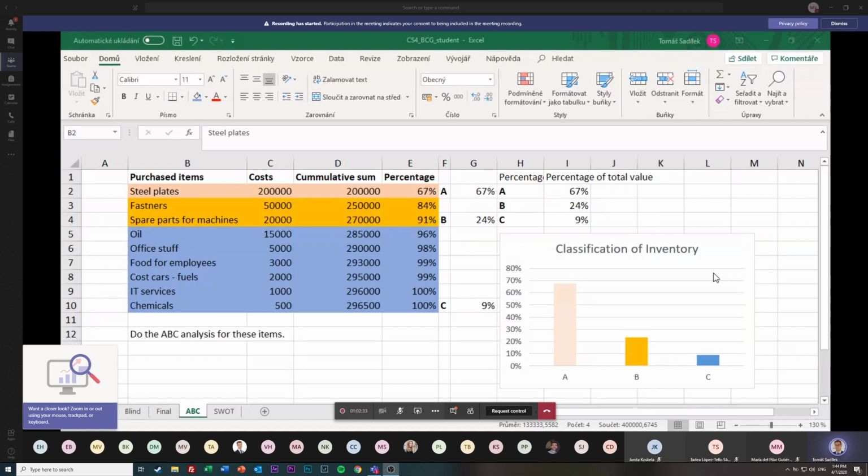So what does it mean? Our main idea is to decrease the B items and put them into C. So if we have, for instance, many items in B, it's much better to decrease the number and put them in C. This is one thing. Second, they are not as price oriented as the A items, and it's more important to take care of the amount in stock.